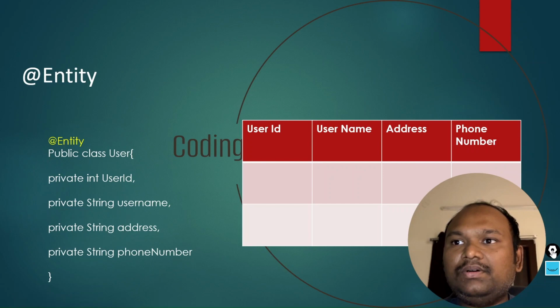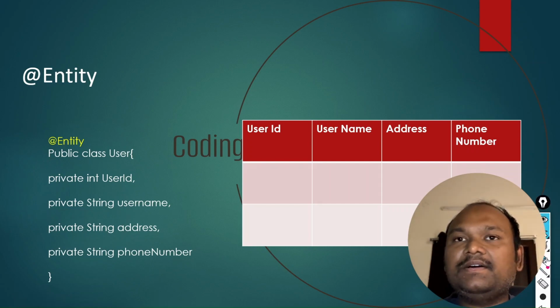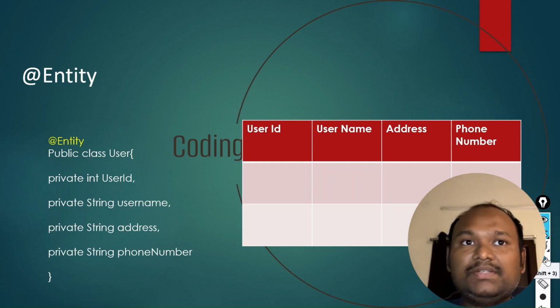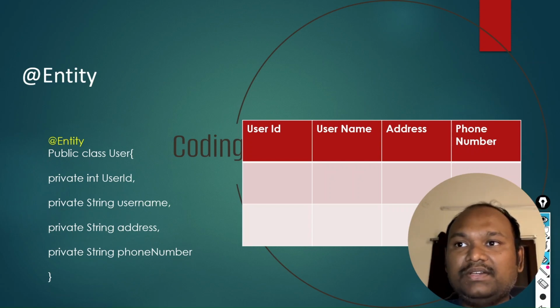To define a relation between the repository tables and your POJO classes, which we can also call entity classes, we will use these entities. For example, imagine you have a user table with different columns like user ID, username, address and phone number.